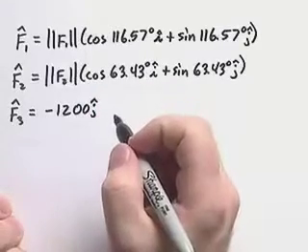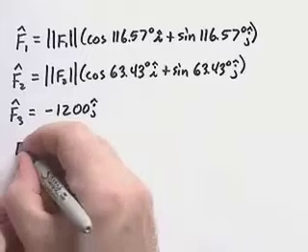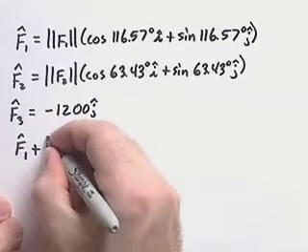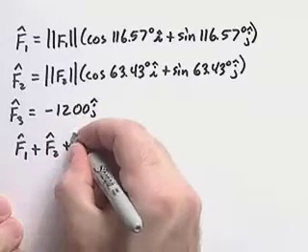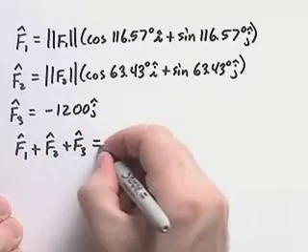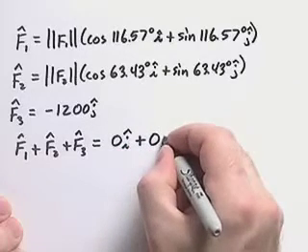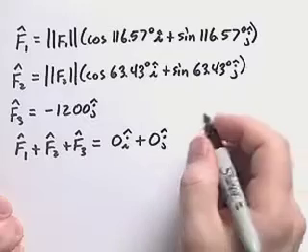Since the system is in equilibrium, we need force 1 plus force 2 plus force 3 to equal 0 times the unit vector i plus 0 times the unit vector j.